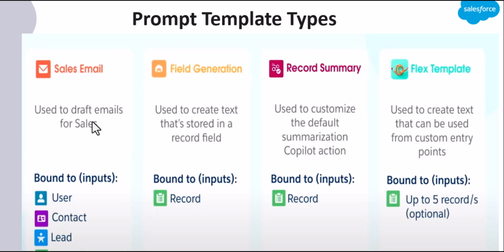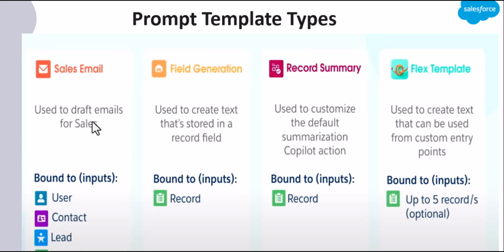After that we have the field generation prompt template to create text that's stored in record fields. That means here we can create a field on the object, and that field we can add to this field generation prompt template. So for example, we have the account object and we want to know the sales done by this account, or also how many cases are open for this account.